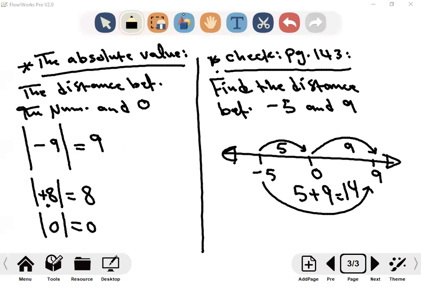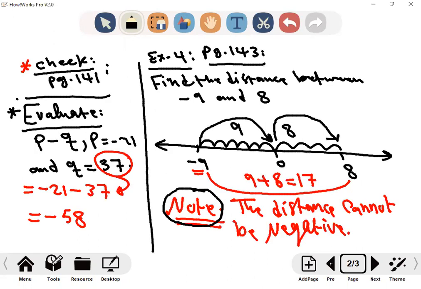Yes, mister. I didn't understand the check of example 3. Why didn't you put the plus? When we put the plus, we will have plus and minus, so we will subtract.